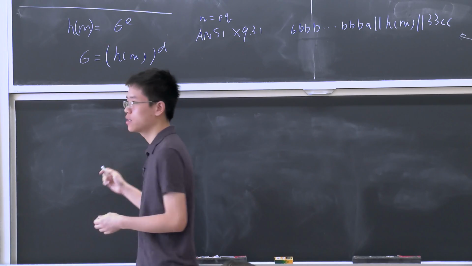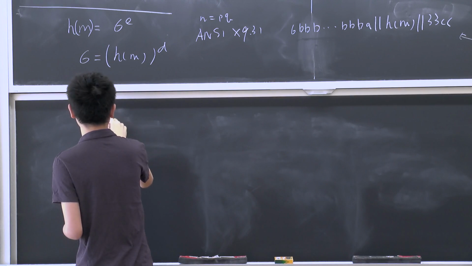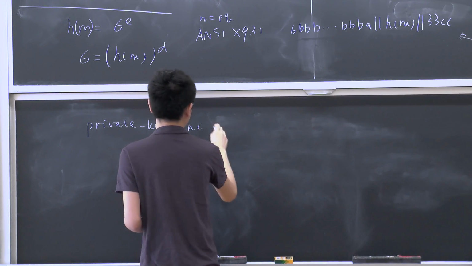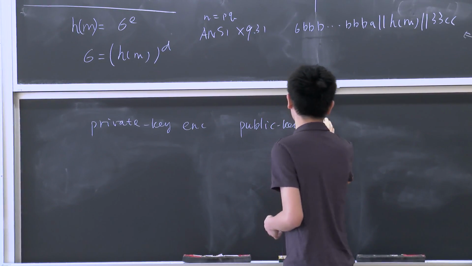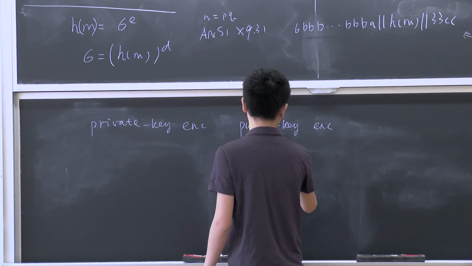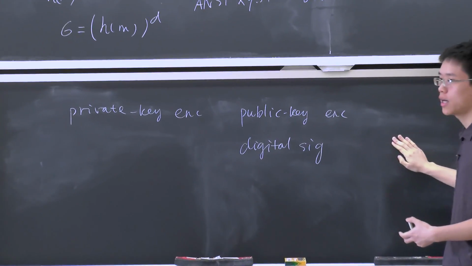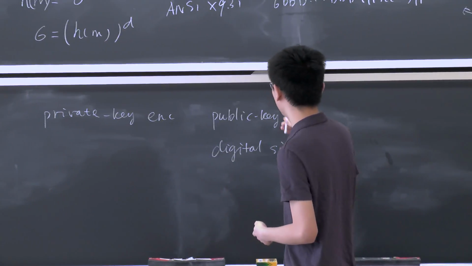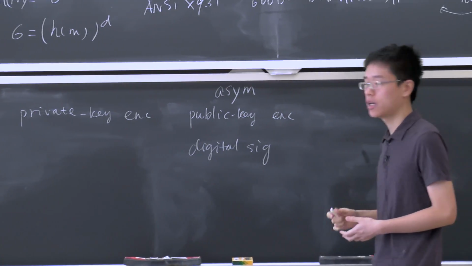So far we have seen 3 major primitives: private key encryption, public key encryption, and digital signature. If we categorize them a little bit, these 2 are asymmetric key, so they have public key and secret key.